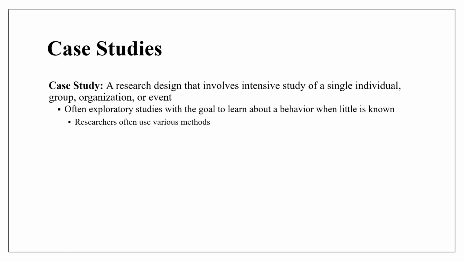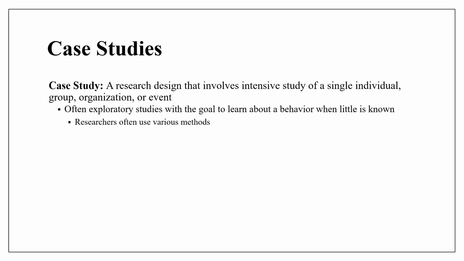As part of a case study, it is typical that the researcher will use various methods. For instance, you may use observation, like an observational study. You can use archival data collection. You can use surveys.